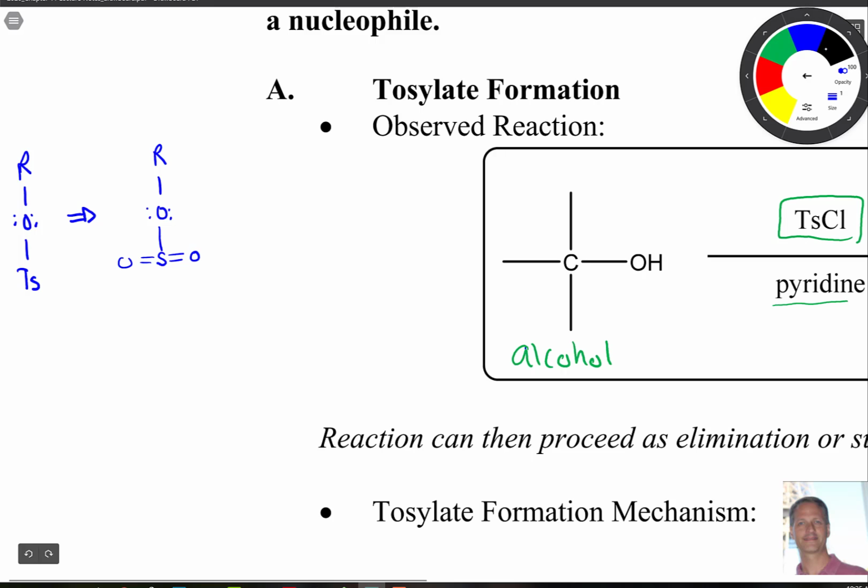With a couple oxygens on there. And then we're going to put a benzene ring down here with a CH3 there. Okay? So this part of the molecule here is, we could say, from the alcohol, okay?